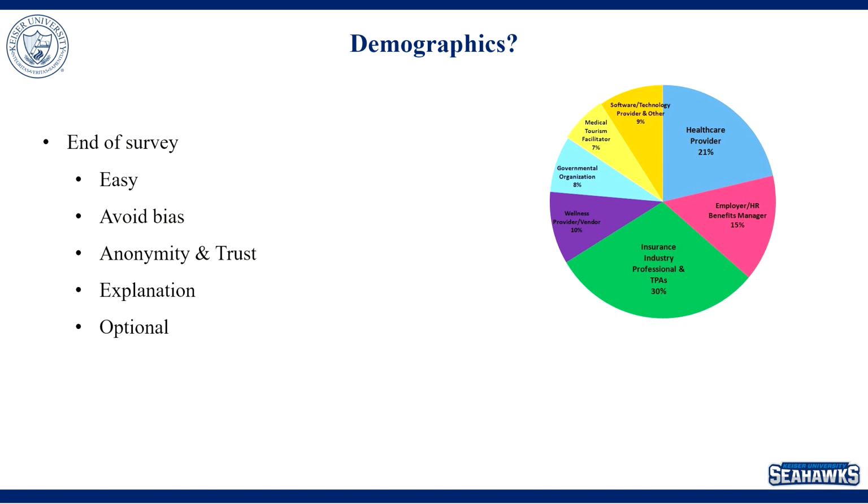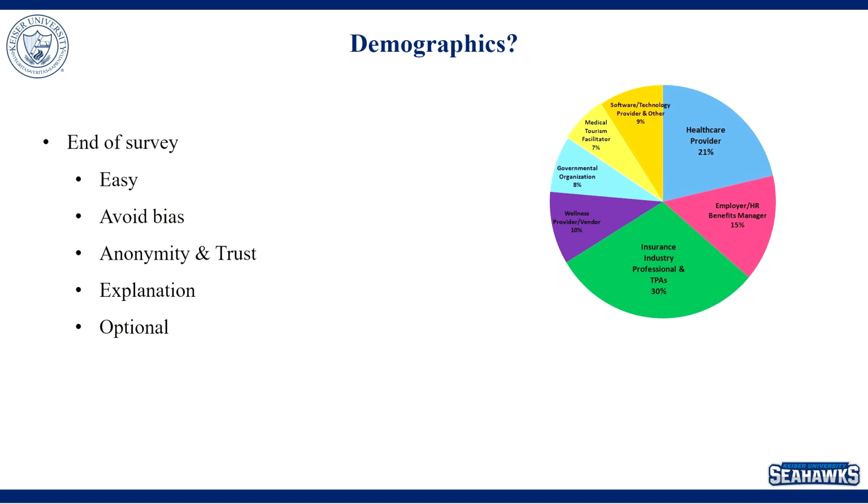All right, continuing along, demographics. This is very interesting because many times surveys will have the demographics right away at the beginning. However, there is research that will show that putting demographics at the end of a survey can be more effective for several reasons.